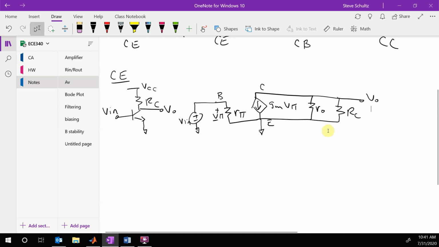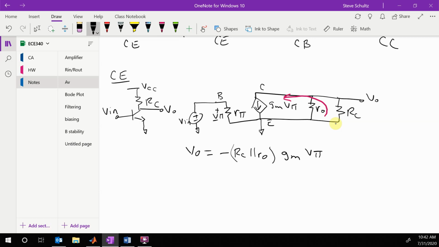Okay, so now we see these two are in parallel, so we can just make a parallel combination, and all of this current goes through that parallel combination. So we have V out equals, you see that this current is going around that direction. So this is equal to minus RC in parallel with RO times gm times V pi.